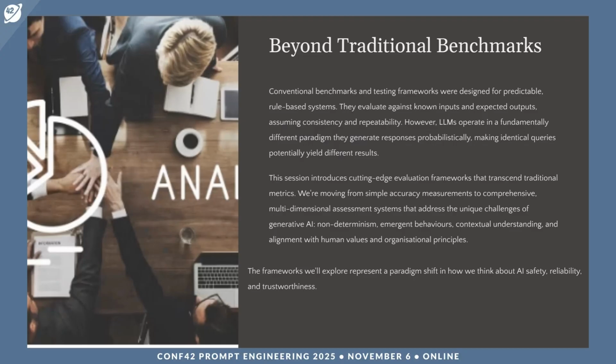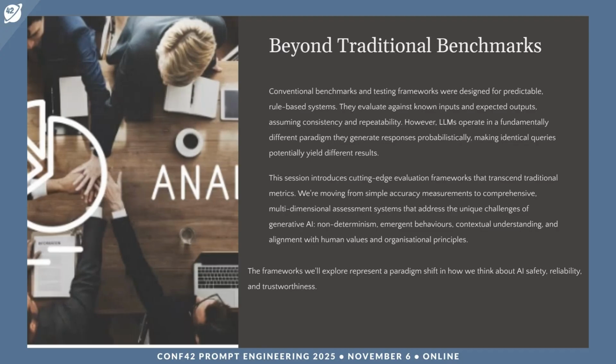Before we get into the solution, I want to run through going beyond traditional benchmarks, right? Our traditional benchmarks, we all know, are rule-based or business-logic-based. But when evaluating LLMs, we need a modern evaluation framework. We all agree. So why do we need a modern evaluation framework?